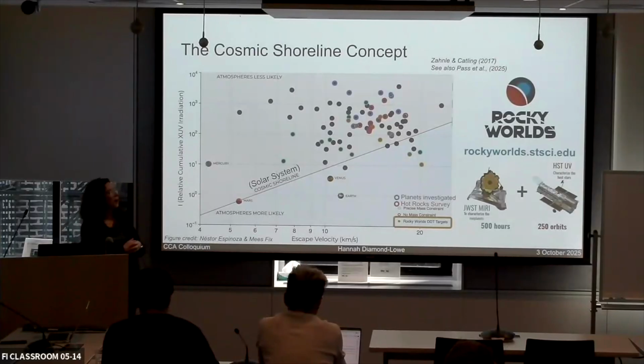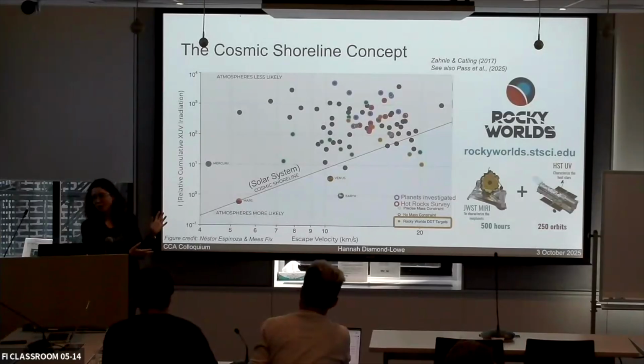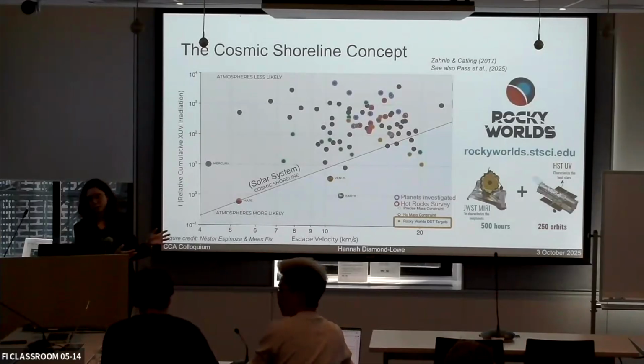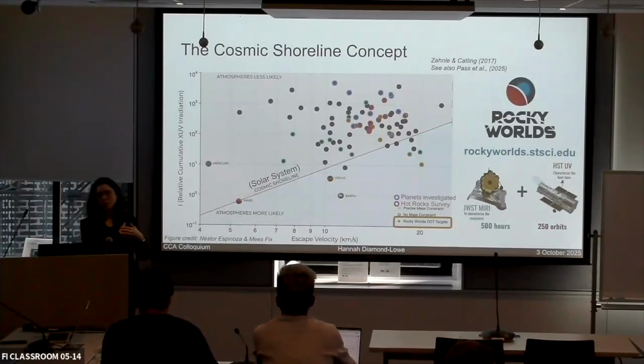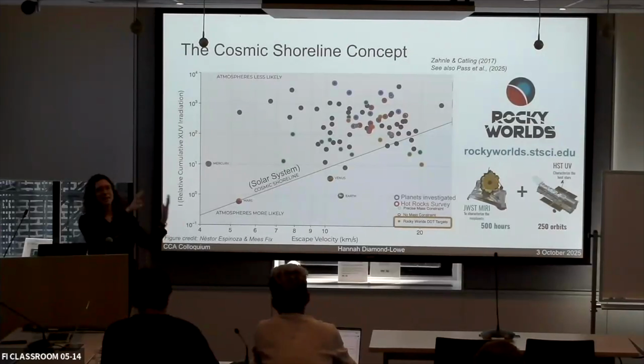But a planet that has a ton of space weathering, like Mercury, is not super shiny and reflective. That's because it gets blasted with particles from the sun, and you get this darkening effect. So we take the number of exoplanets and learn from that, and we can take that back to the solar system.